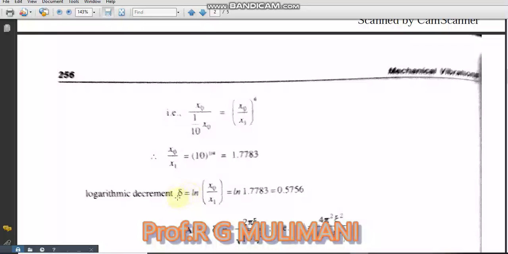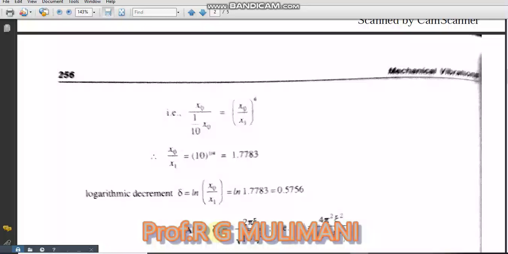After finding this delta value, we know the relationship between the logarithmic decrement and the zeta value: delta equal to 2 pi zeta divided by square root of 1 minus zeta square. This zeta is required in our equation; it is the unknown. You just find this delta, the logarithmic decrement, equal to 1 by n ln of x naught by xn.